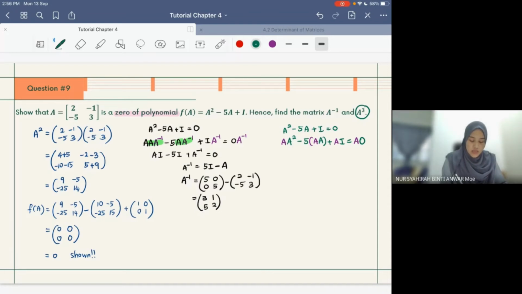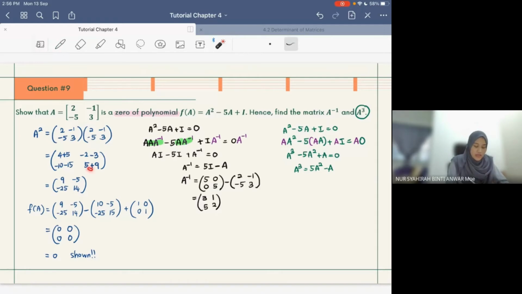So A square times A will be A cube, minus 5A square, plus A equals 0. That means A cube will be equal to 5A square minus A.